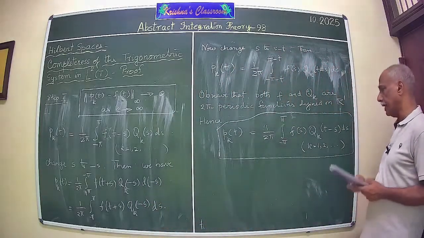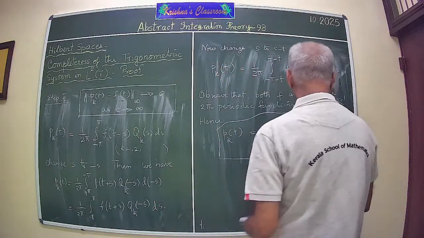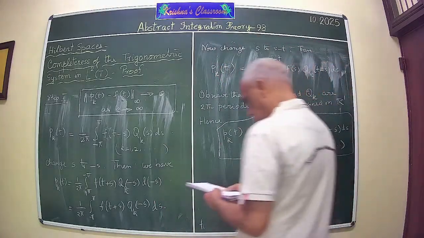Now look at what they are. You know that Qk is a trigonometric polynomial.